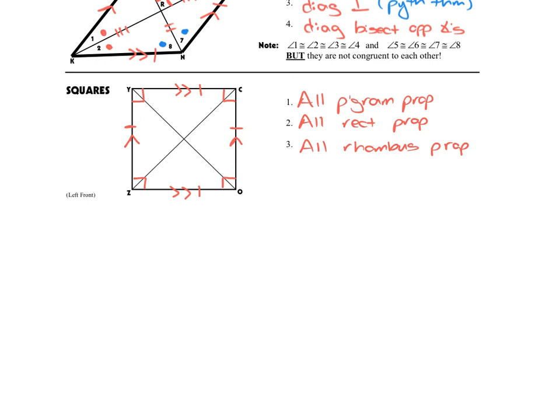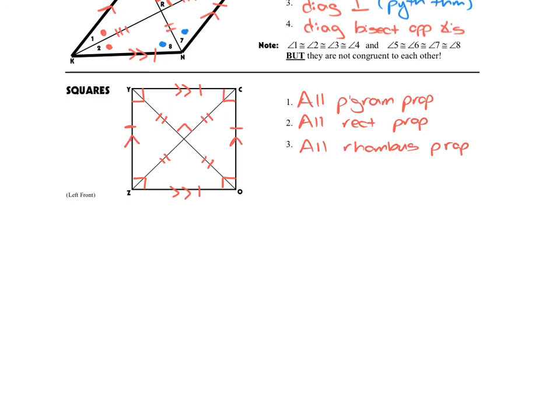We can mark the diagonals perpendicular to each other because it's a rhombus. We know that the diagonals are going to bisect each other because it's a parallelogram. The diagonals are going to be congruent to each other because it's a rectangle. So all 4 of these little pieces are going to be congruent to each other.